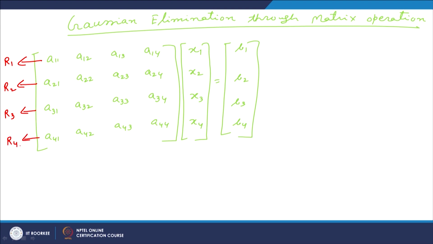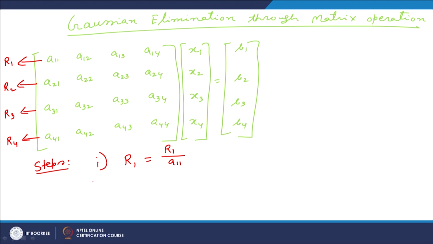So, how do we translate all these operations by means of matrix operations? In steps, step one is that R1 is replaced by R1 by A11, right.